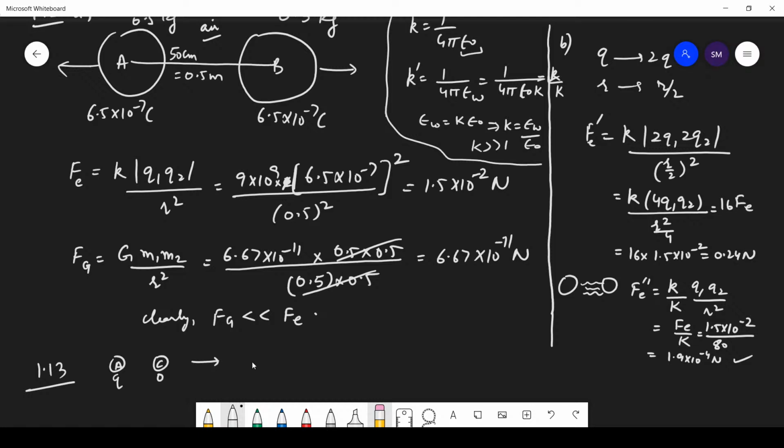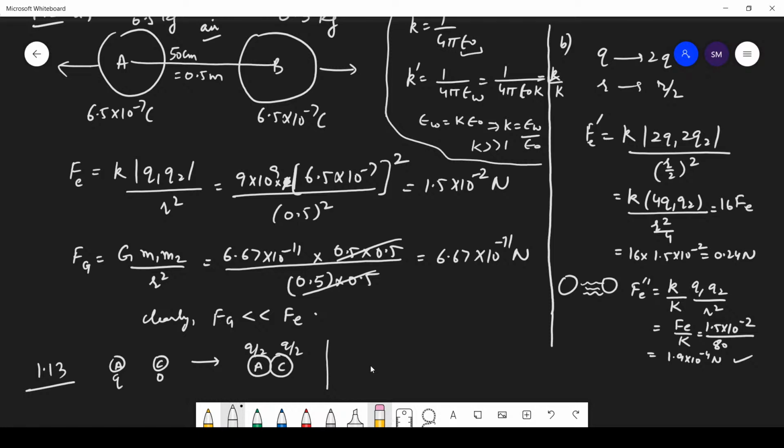But now as they are touched, A and C have charge Q by 2, Q by 2. First of all, find the net charge, that is Q plus 0 equals Q. That net charge is equally distributed. So first find the net charge and then distribute it equally. That's the case with A and C.